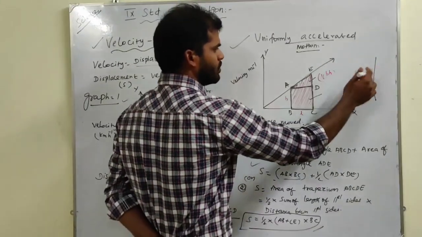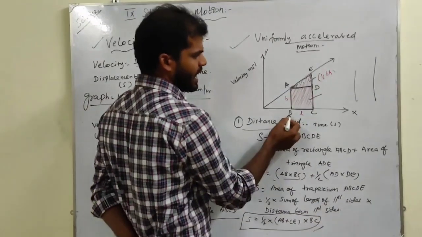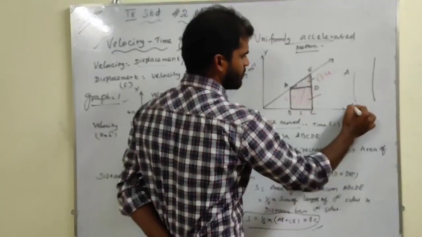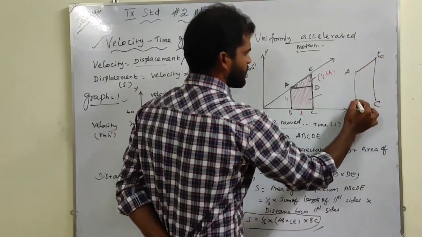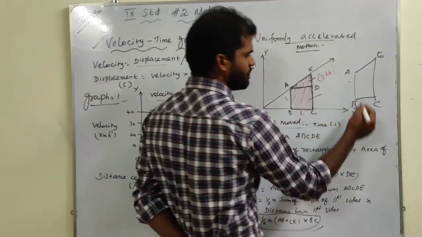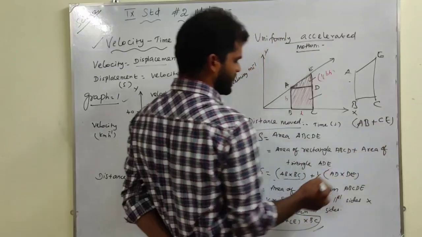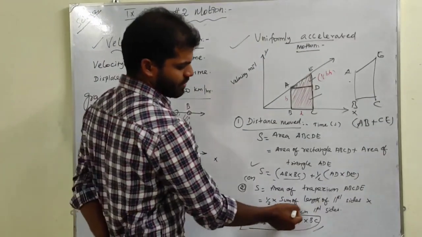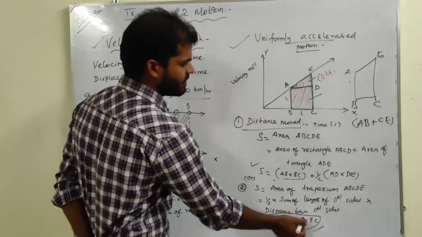Now the sum of the parallel sides should be added. So this is AB and this is CE, right? These two lines are the parallel lines, and they should be added. So AB plus CE. Along with that, half into the sum of the lengths of the parallel sides into the distance between the parallel sides.